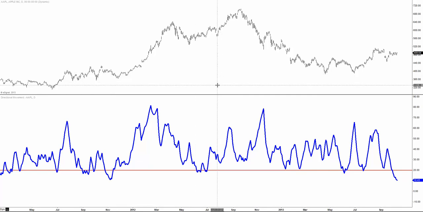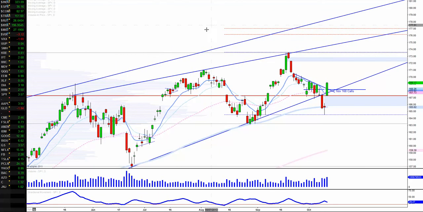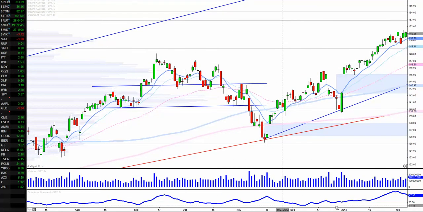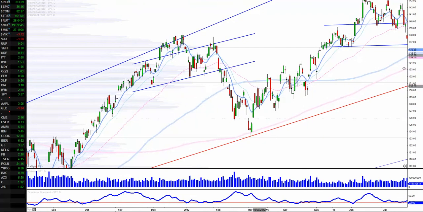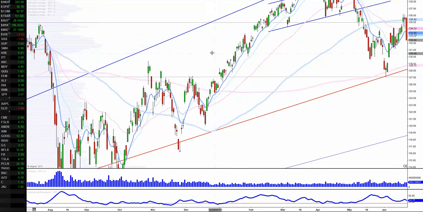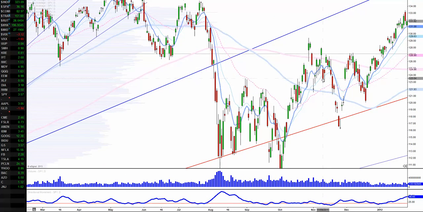Today we're bullish in the market, but I wanted to see where we were in November 11. So let's go to Spider on November 11 to get an idea. There. Right here.